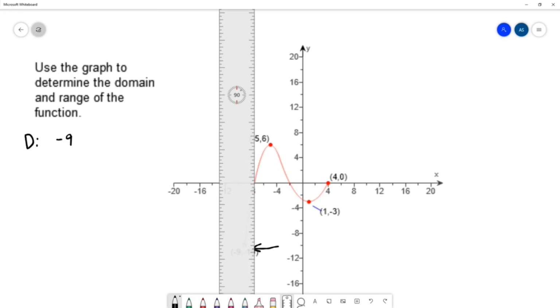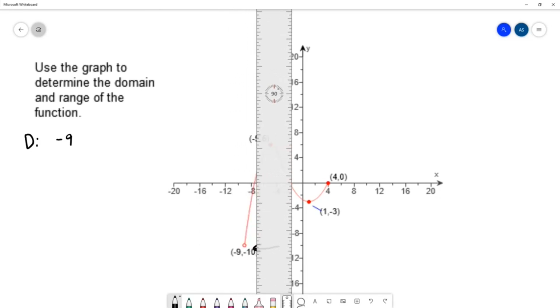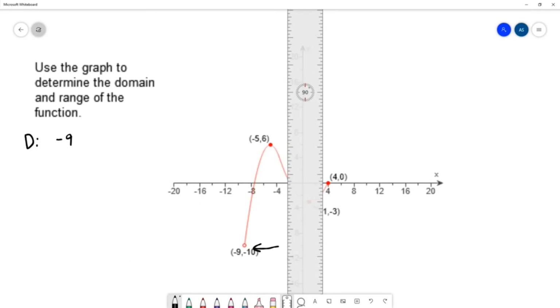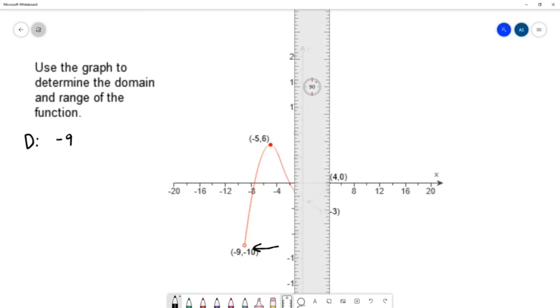If I continue moving to the right, I can see that my ruler is touching the graph. The last time that my ruler touches the graph is at this point right here, which has an x value of 4. So that's where my domain will stop.